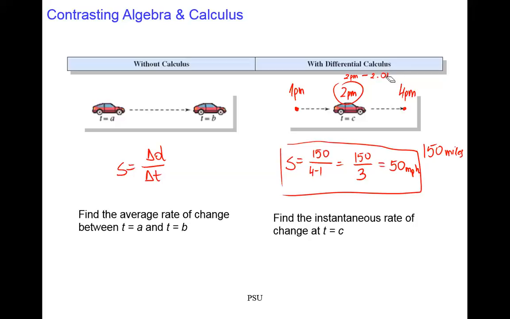We have to take an extremely tiny time interval, because from 2 p.m. to 2 and 1 second p.m. you definitely moved. That's when we will have a distance that you moved. Probably it's extremely small.